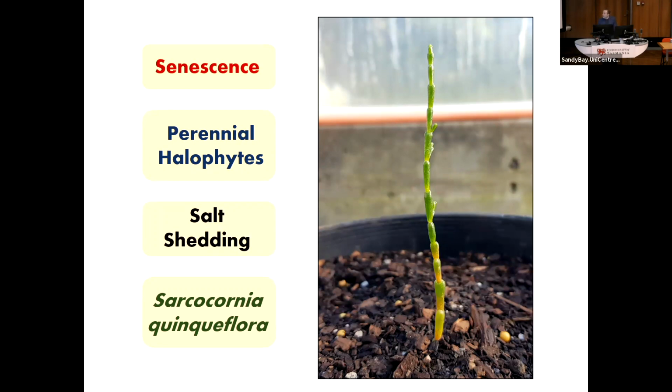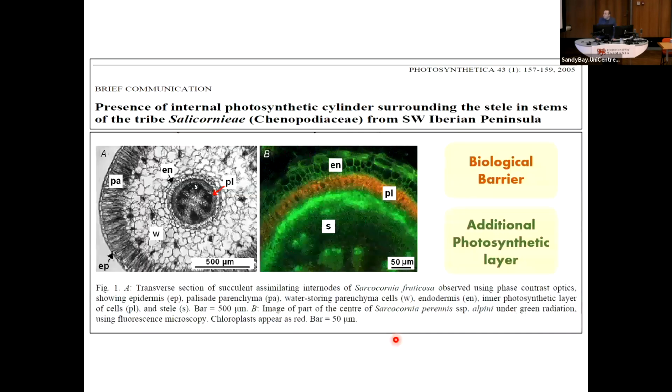As you see here, the plant consists of assimilating oblong internodes, or we can call them beads. The plant has important anatomical structures.